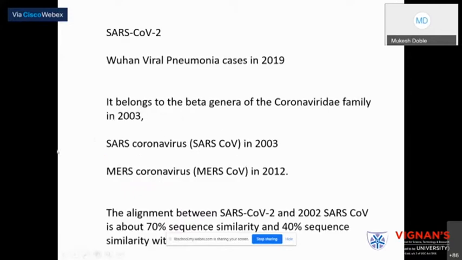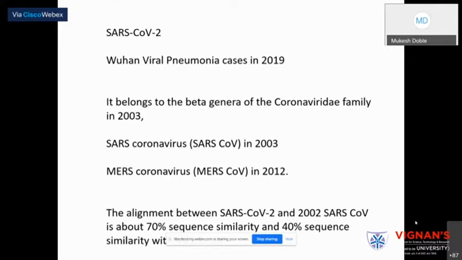This current SARS-CoV-2 belongs to the beta coronaviruses. Interestingly, if you look at the sequence alignment of SARS-CoV-2 with SARS-CoV, it's only 70% sequence similarity, and 40% with MERS. But it is taken as closer to SARS-CoV rather than the remaining bat ones.